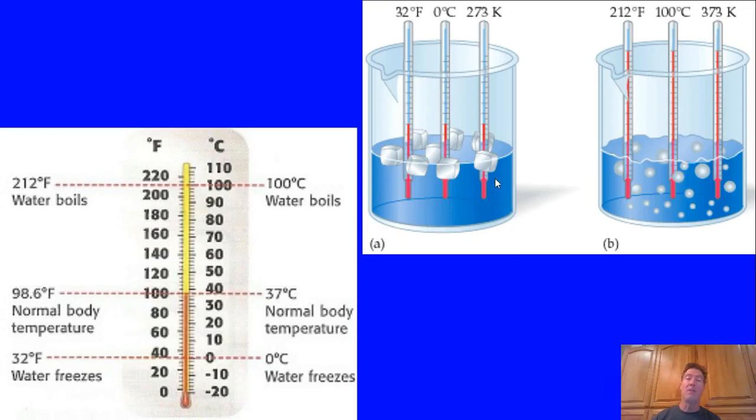And if we add Kelvin to the mix, this is the freezing point of water, so 32 degrees Fahrenheit, 0 degrees Celsius, 273 degrees Kelvin. We'll talk about why that number is so big. Boiling point of water, 212, 100, and 373. So just as this is 100 more than this, this is 100 more than this.